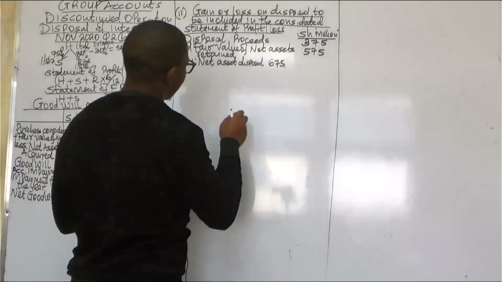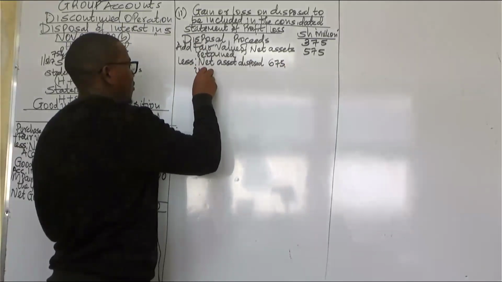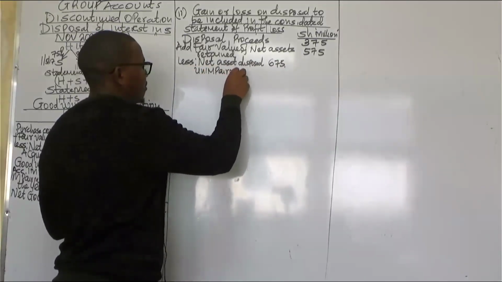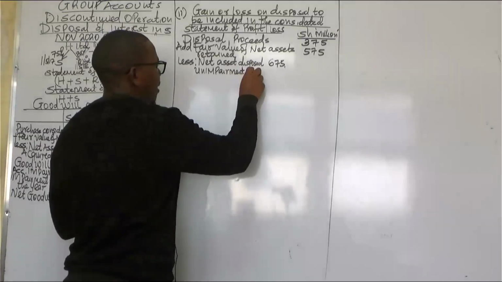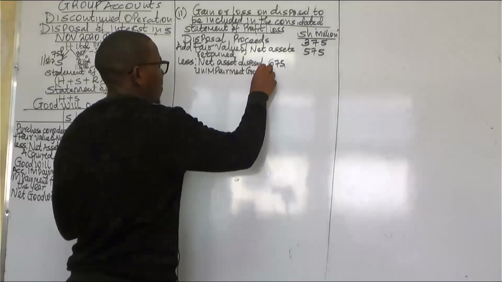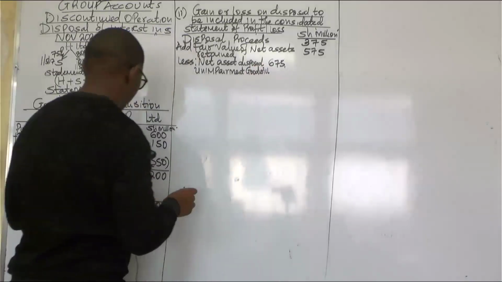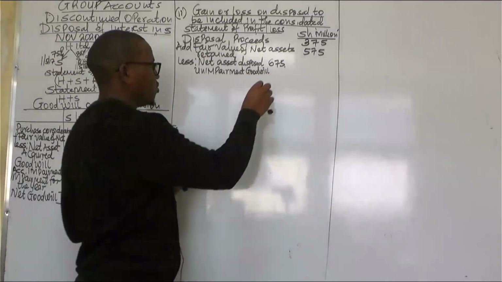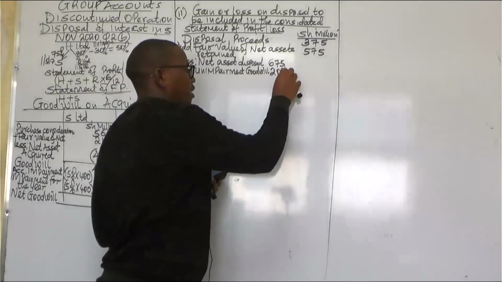I need that. I will also add the unimpaired goodwill. Unimpaired goodwill here, it is for R Limited. It is 200.